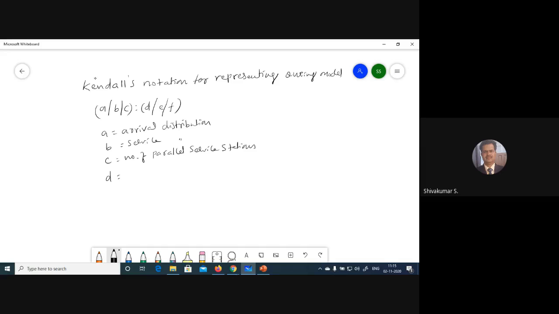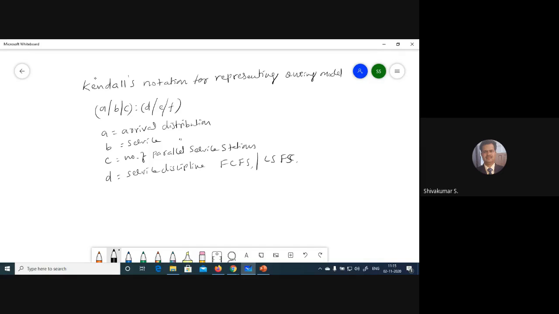D represents the service discipline, that is FCFS, first come first serve, or last come first serve.